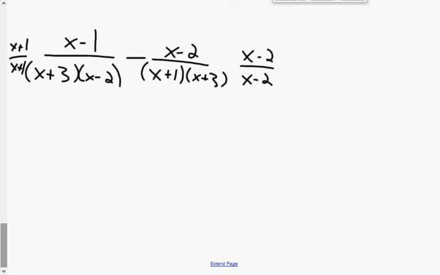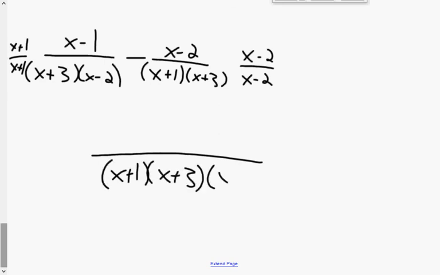This is a great way to end a Friday. All right, so x plus 1, x plus 3, x minus 2. Cool? Now x plus 1 times x minus 1. Does that look familiar to anyone? That would be the conjugate, which is just like a difference of squares. Very good.